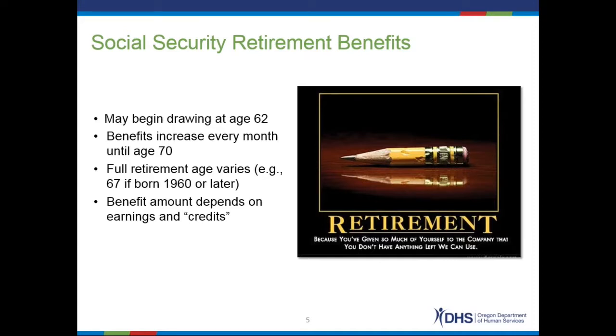So for example, it's 67 if you were born 1960 or later. I'm old. I was born in 1952, so full retirement age for me is 66. So you'll find people who took it at 65. In the 80s, they bumped up full retirement age for people.